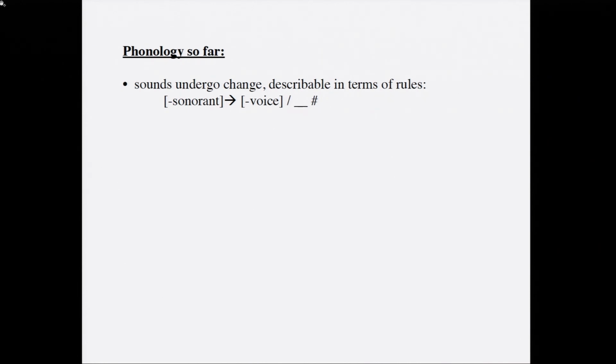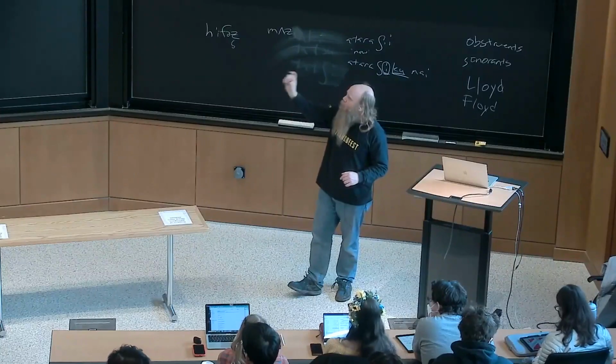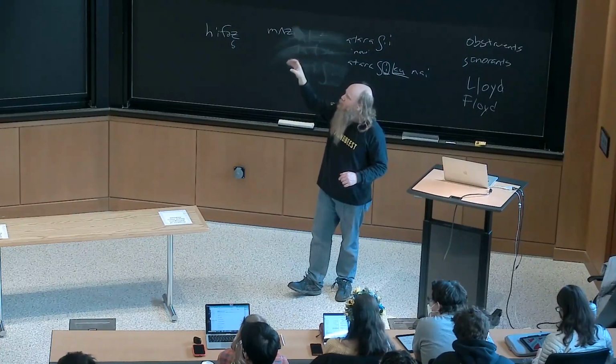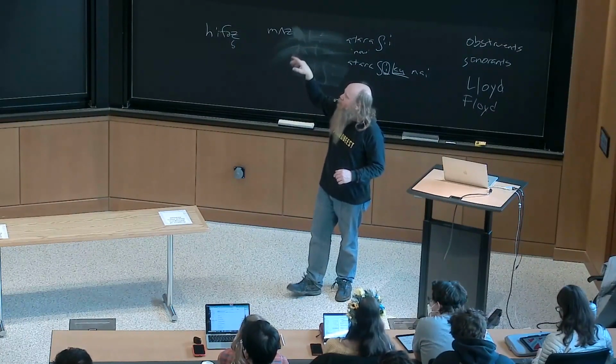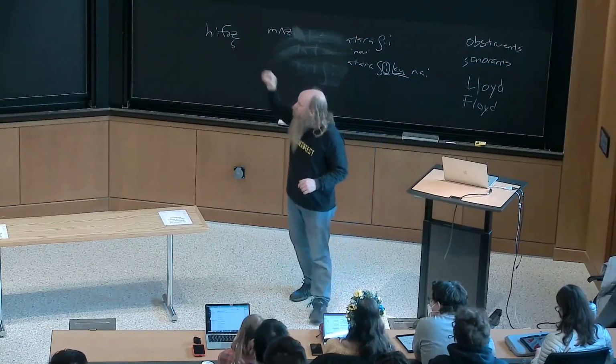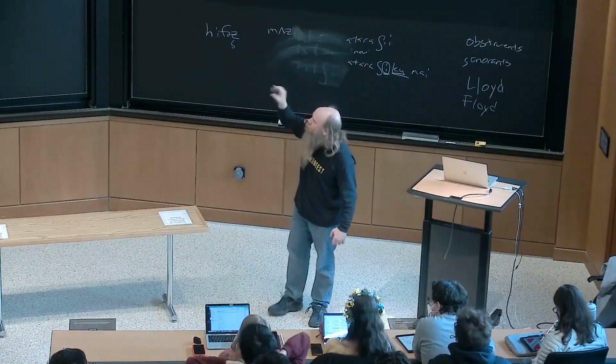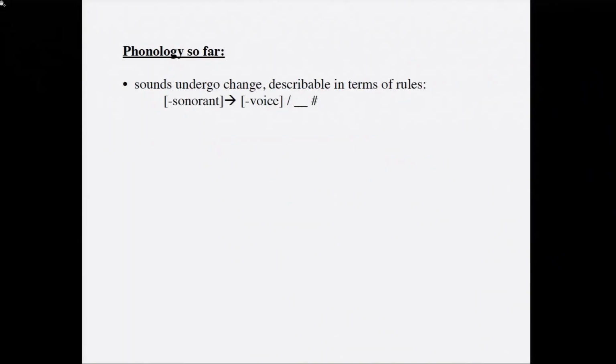This is a description of what's happening in Polish and Turkish and German and Russian, lots of other languages. Final obstruents. So if you are an obstruent, that is something which is not a sonorant, you become something which is not voiced. If you are at the end of a word, that environment description is the way to write. At the end of a word, that hash symbol is the symbol for a boundary between words. And the underscore is where the change takes place.